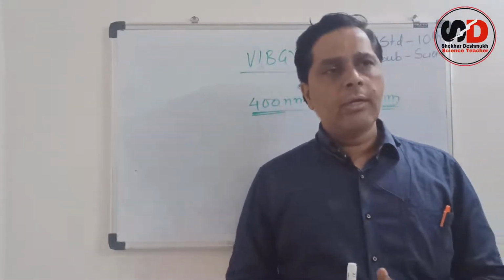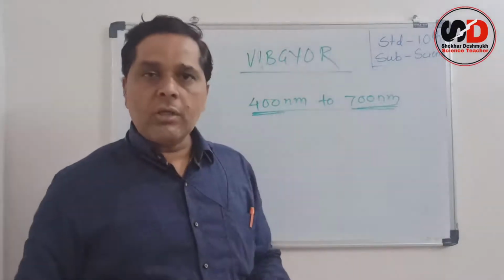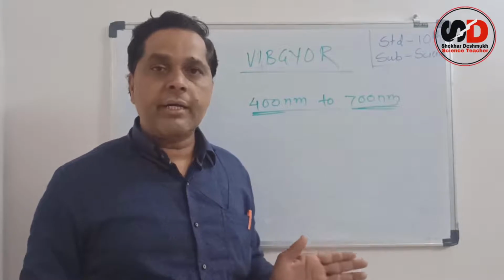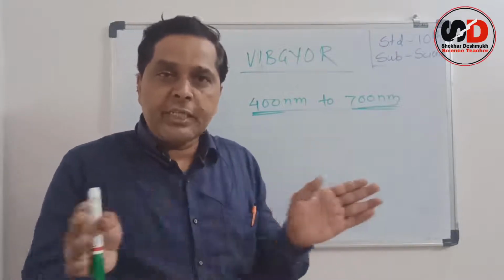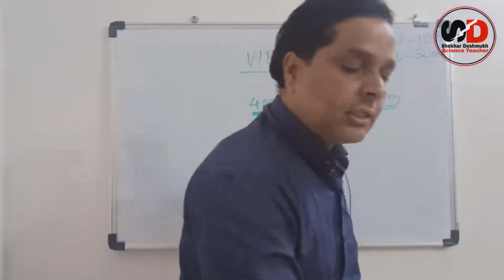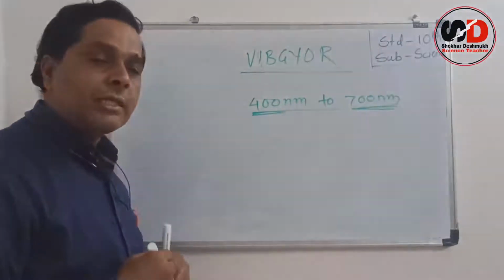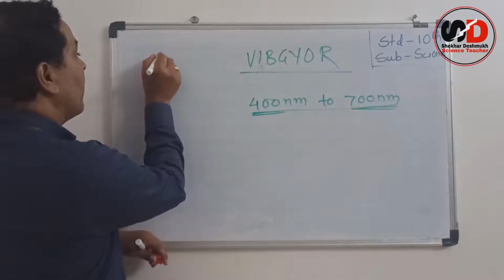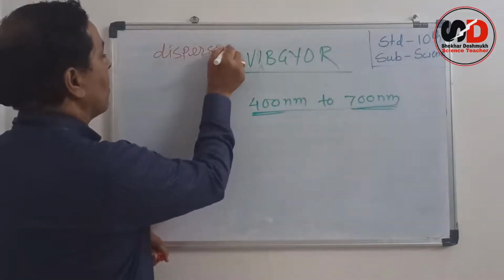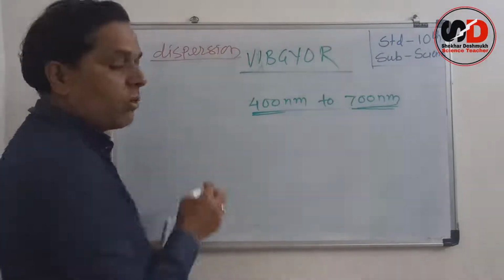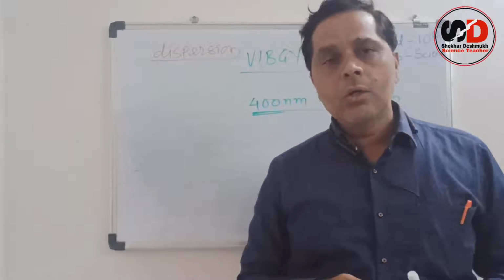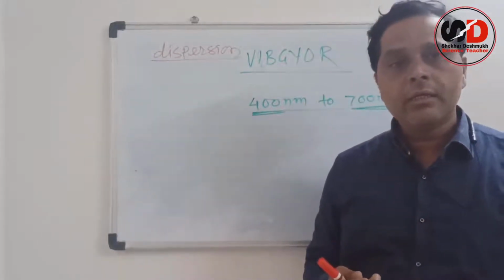So this phenomenon is nothing but refraction, but as the colors get separated, white light splits into 7 different colors. We call this phenomenon dispersion of light. So what is dispersion then?